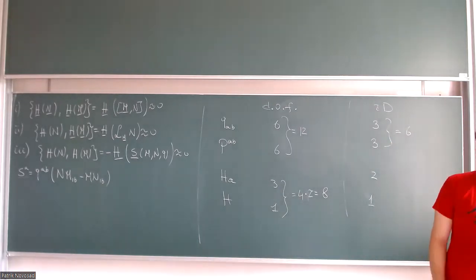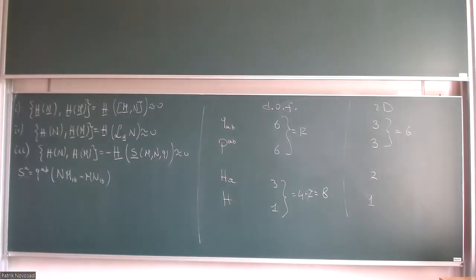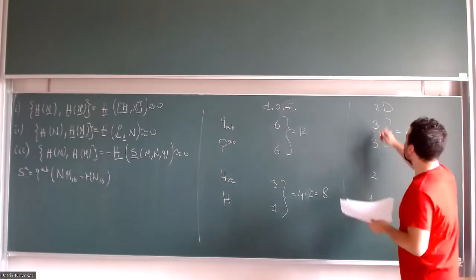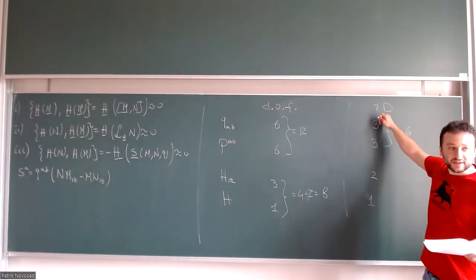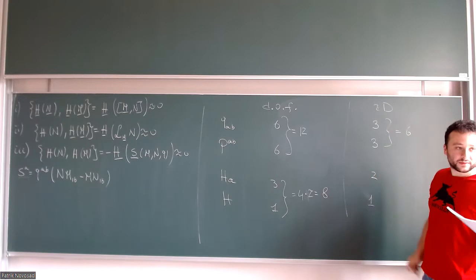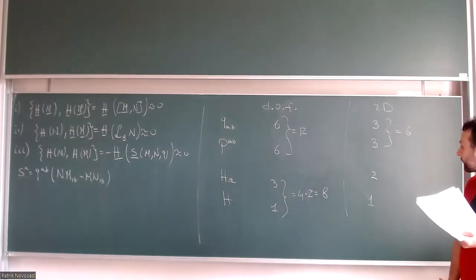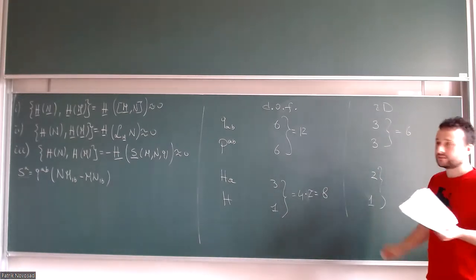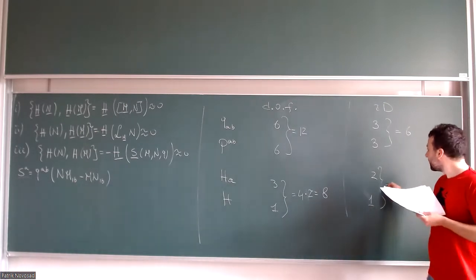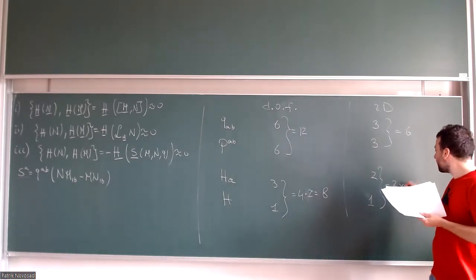Okay. So in total here we have 6 degrees of freedom. Why is H_A 2 in 2D? Well, I'm taking only the dimension of the space, not the space-time. Yeah, exactly. So here we have 3 by 2, and again 6.